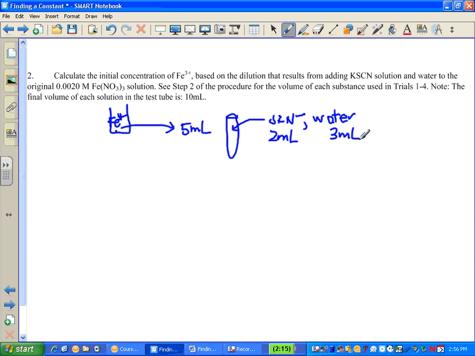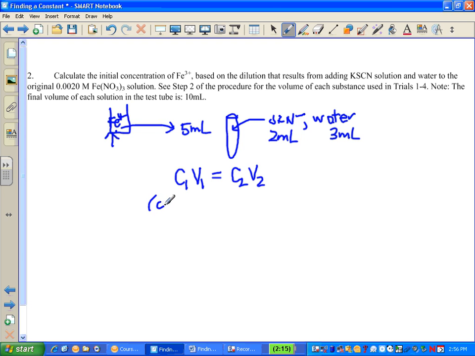and that's important to note. What we want to know is the concentration of the iron ions in this test tube once all of the substances have been added. So what we need to do is a dilution calculation. The dilution formula is C1V1 is equal to C2V2. The original concentration of the iron solution, so the solution that came from this beaker, was 0.0020.